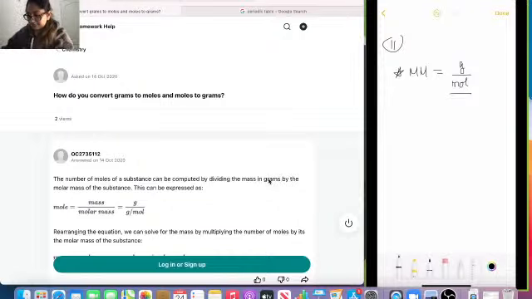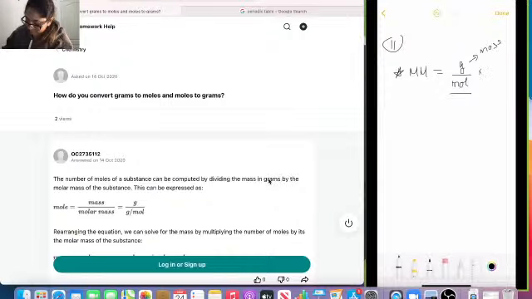If we rearrange this equation, where grams is our mass, we can multiply moles on both sides.